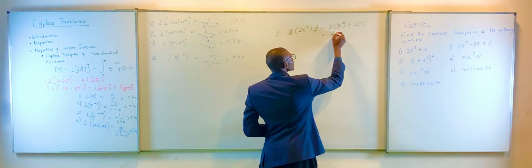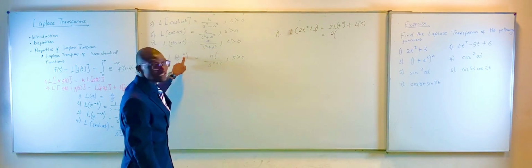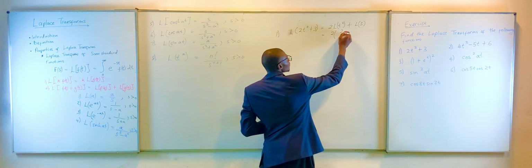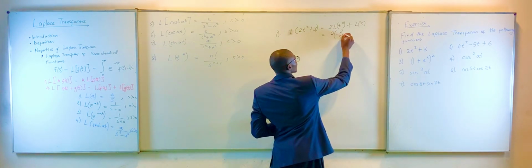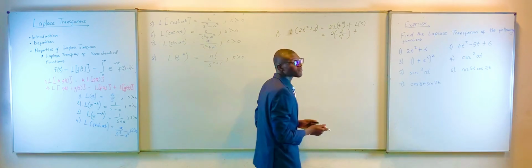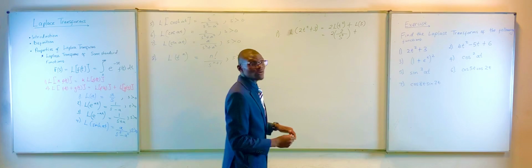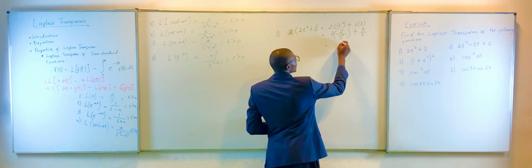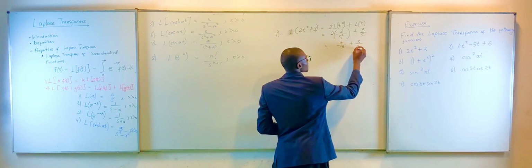And then this will be 2 multiplied by, right, t squared, in this case our n is 2, right? So 2 factorial, this is 2 over s to the power of 2 plus 1, that will be 3. Then plus Laplace transform of 3, we say that will be a over s. In this case our a is 3, so that's just 3 over s. So that will be 4 over s squared, sorry, this is s cubed plus 3 over s.